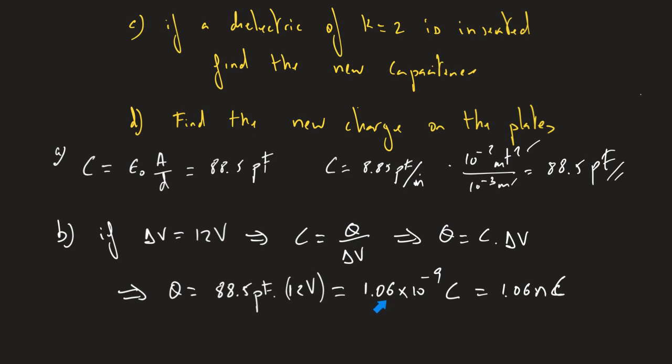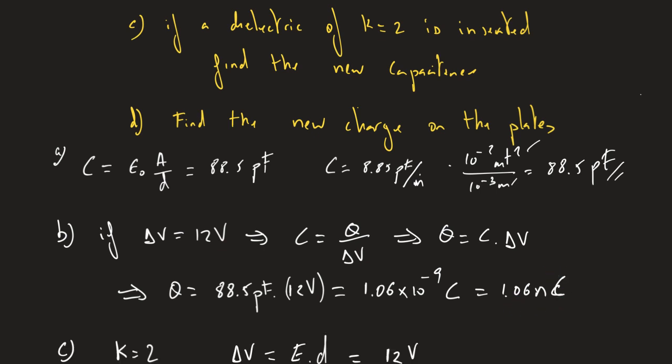So it will be 1.06 nanocoulombs. And so part B is done. For this capacitor of 88.5 picofarad and a potential difference of 12 volts, you can place a charge of 1.06 nanocoulombs.